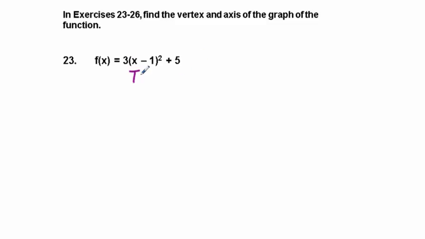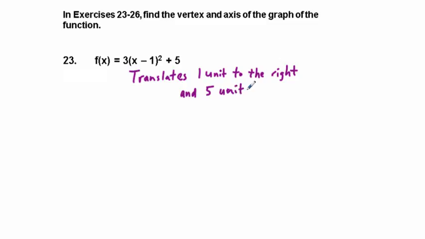So we have translates 1 unit to the right and 5 units upward, this k plus 5, up.